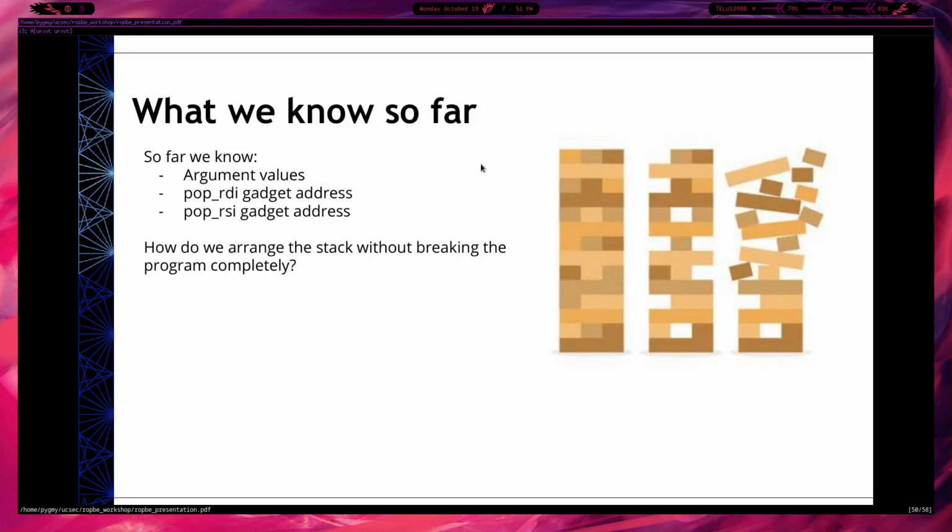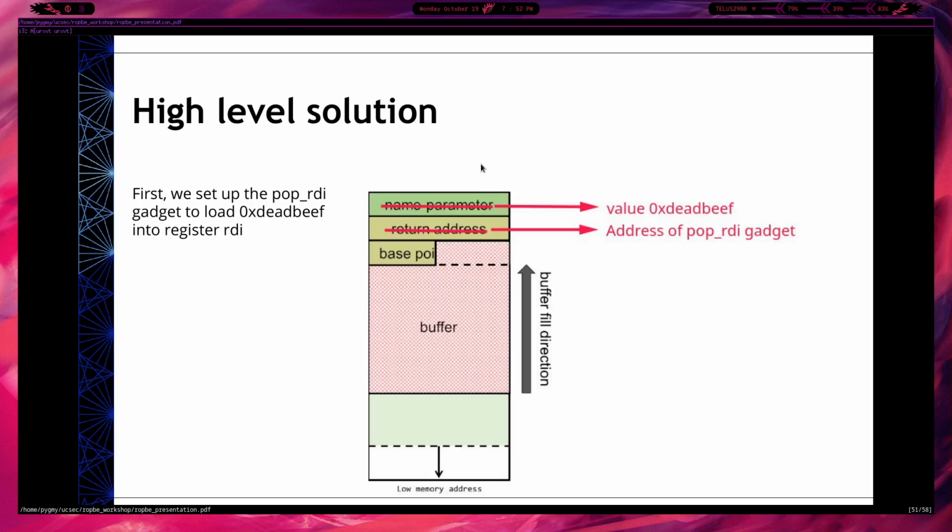All right, now we've got basically everything we need to start building our own stack, our makeshift stack. How do we build it in order to jump into the function successfully instead of completely breaking the program? Let's see how we do that. So the high-level solution is address of pop RDI gadget first, because actually, well, it doesn't have to be first.